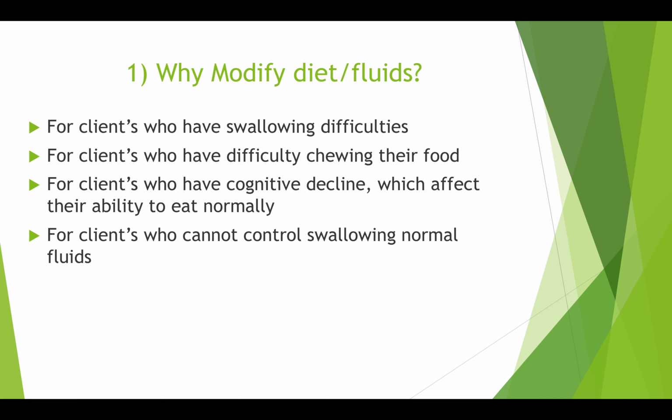Why modify diet and/or fluids? If they can't chew properly, the bolus is not well formed and can lead to swallowing chunks that are too big, which may lead to choking.